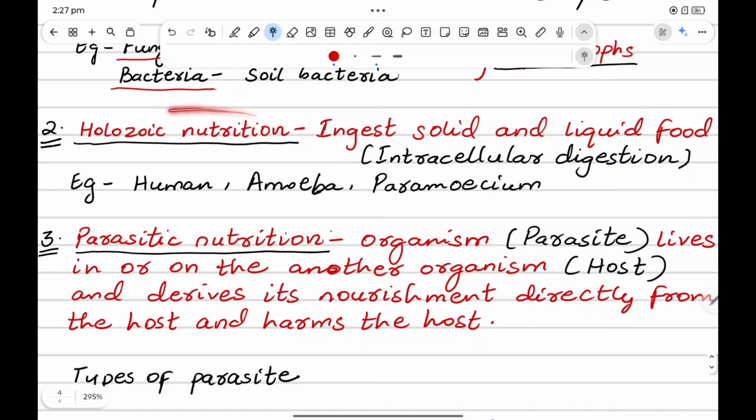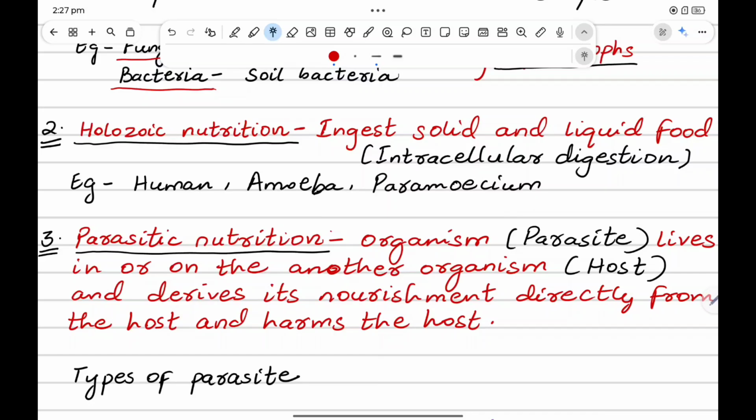Number 2, holozoic nutrition. In holozoic nutrition, organisms ingest solid and liquid food. Examples, human being, amoeba and paramecium. Now, in this particular holozoic nutrition, human beings show intracellular digestion.